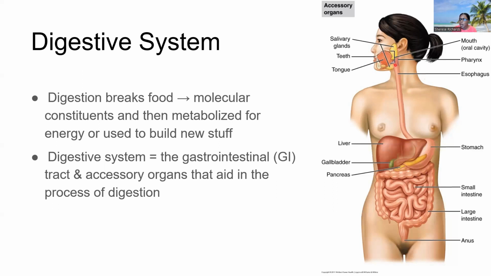We did talk about those in week 1. Then we have the pancreas and the gallbladder also acting as accessory organs, the pancreas secreting lots of different enzymes that help to break down proteins and fats, and the gallbladder secreting bile that helps to emulsify fat. So you'll talk about the various functions of these, but you kind of want to separate the tract itself from the accessory organs that release their secretions into the tract.